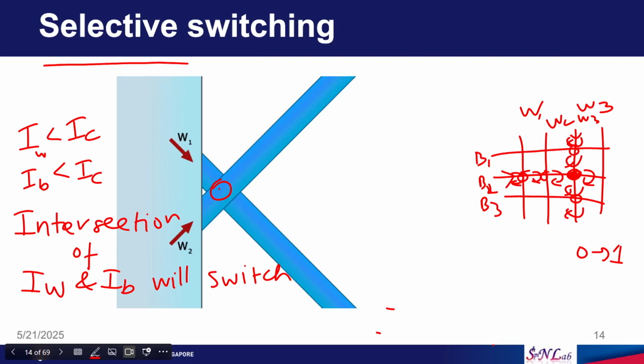Yes, the current carrying wires are traveling across the array. So you have one wire going this way, and one wire covers many MTJs. One wire in the write line or one wire in the bit line covers many MTJs.